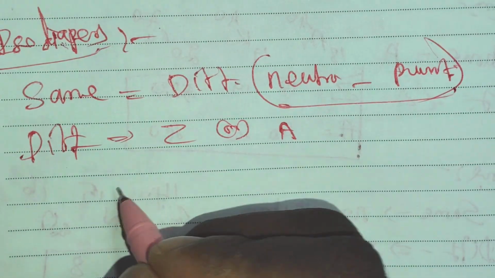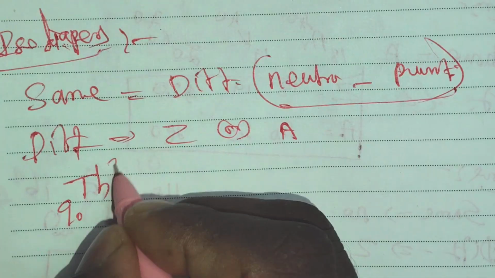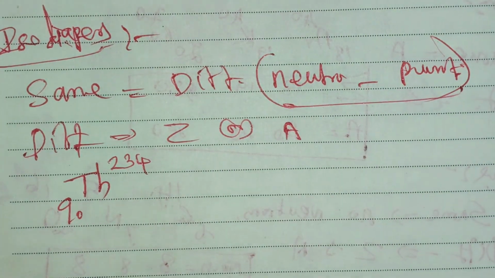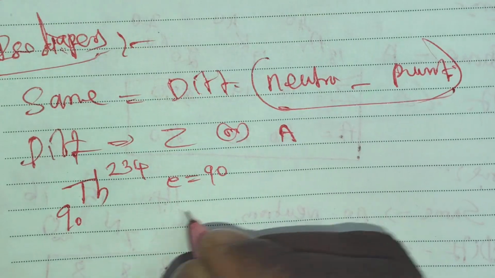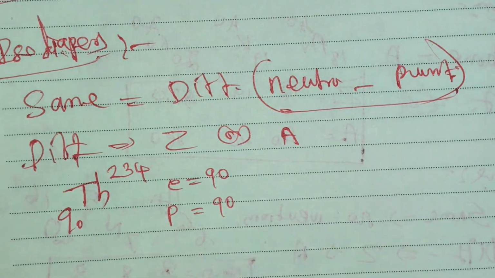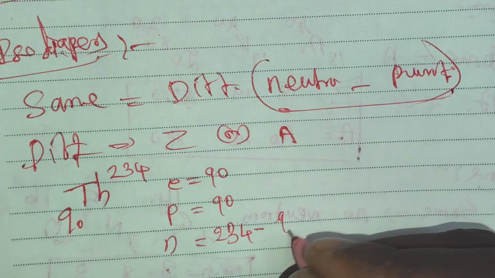For example, thorium has atomic number 90 and mass number 234. The number of electrons is 90 and the number of protons is 90. The number of neutrons is 234 minus 90, which is 144.